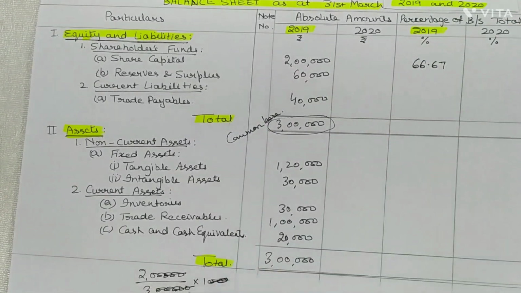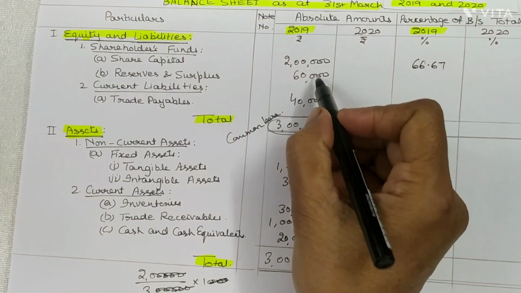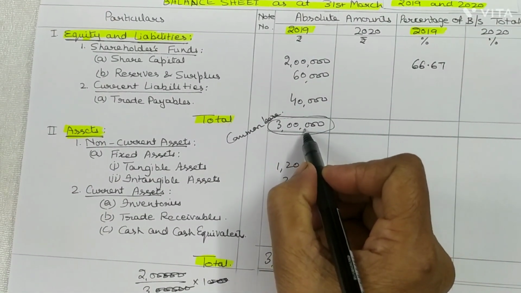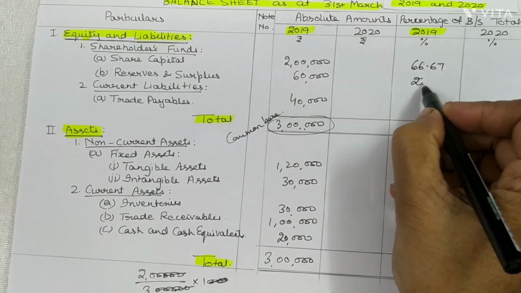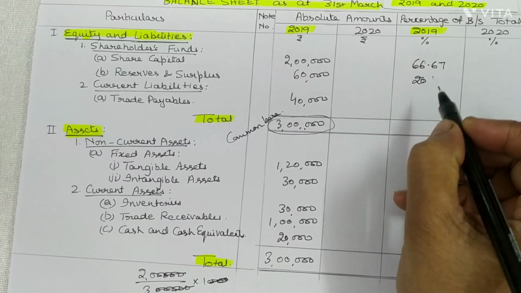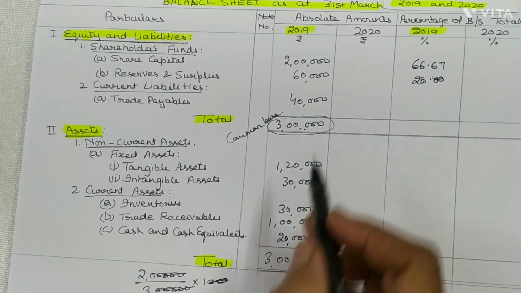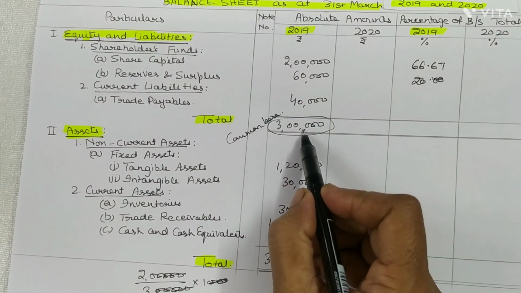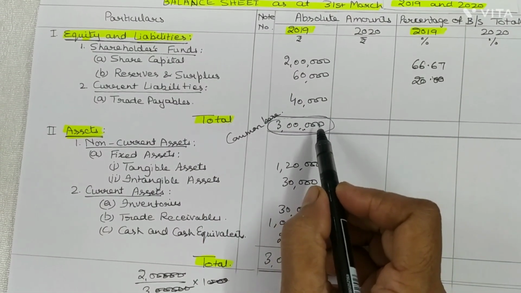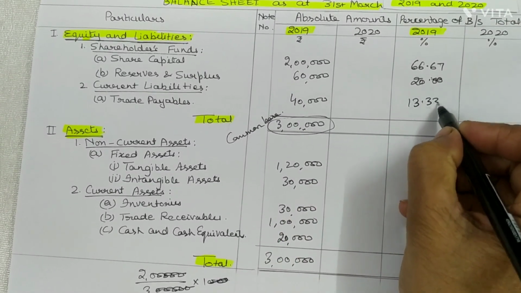Like this you have to calculate it. Okay. Next is 60,000 divided by 3 lakh multiplied by 100 is equal to 20%. Next is trade payables 40,000 divided by 3 lakh multiplied by 100. It is 13.33%.